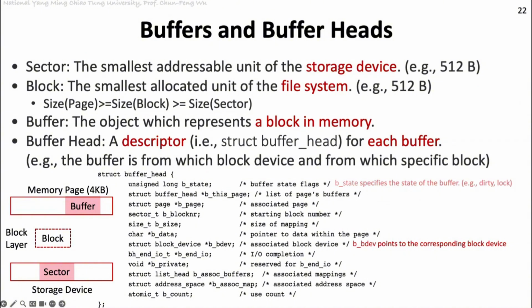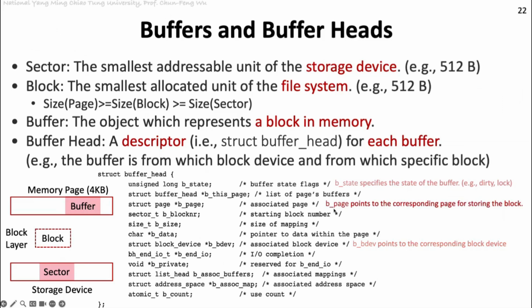They can all be read from different kinds of devices into the memory, so we need some way to link the device and this buffer. This b-block device pointer points to the corresponding block device. This buffer will point to this block device, and other buffers will point to other block devices, so that the operating system can find where the data is.